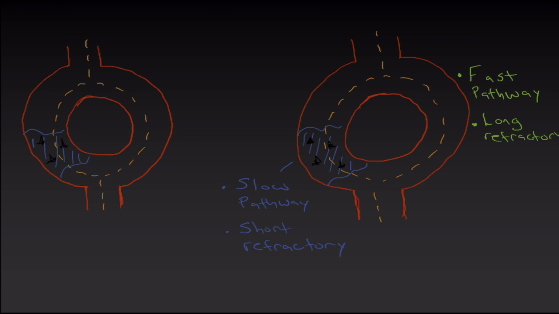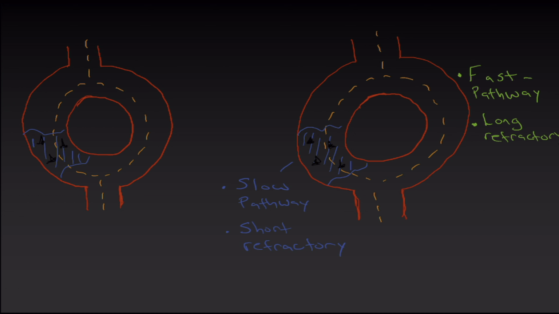So a re-entry pathway can be caused by having two types of tissue with different characteristics. So you can see here we have basically a circle. Imagine that this is a roundabout or a road that has two exits. And we have one pathway here on the right that has a fast pathway, meaning it's a nice open road.